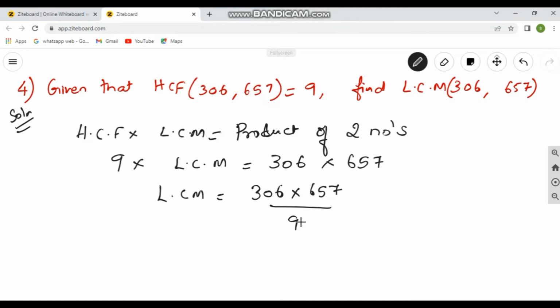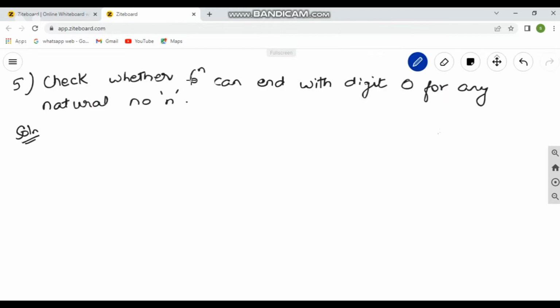When we cancel, we get 3 3s are 9, 3 1s are 3, 3 2s are 6, and then once again 3 3s are 9, balance 1, 3 4s are 12. So 34 into 657. So this gives 22,338.